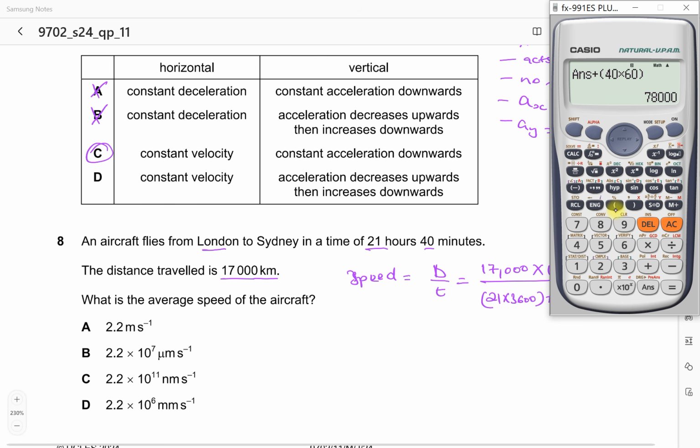Then I have 17,000 times 1,000 divided by the answer. So this is giving me 217 meters per second, or 218, or approximately 2.2.